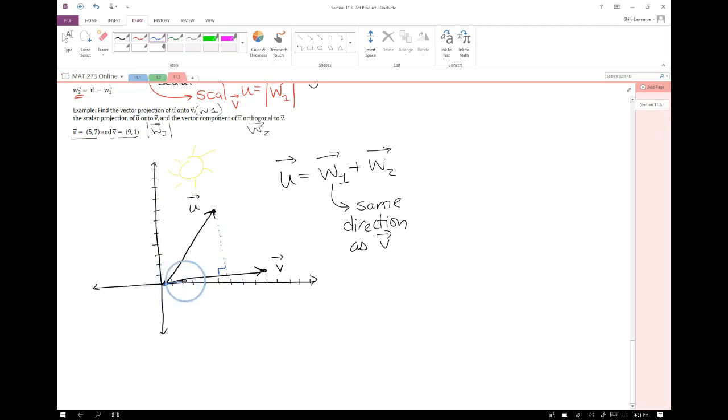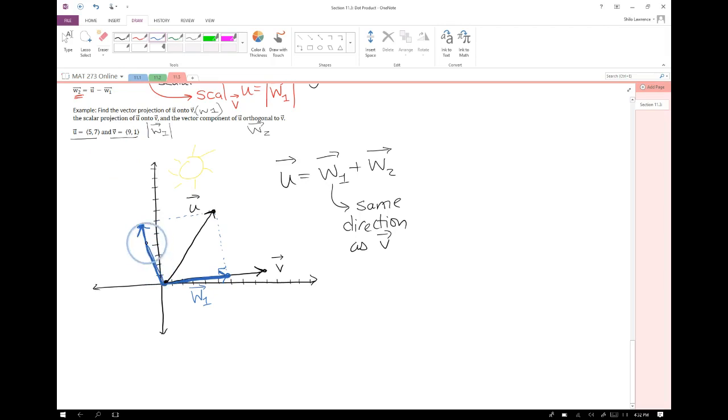And then the origin out to that point is our w sub 1. And then whatever is orthogonal to this, that would make u be the diagonal, is our w sub 2.